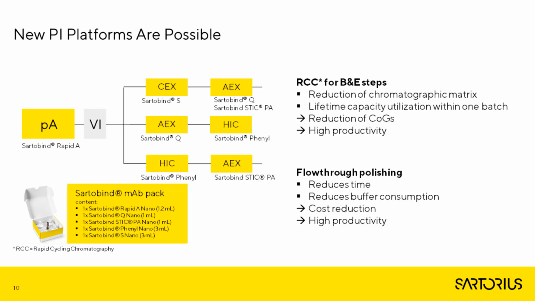Since we are now also offering a membrane chromatography consumable for the capture step with immobilized protein A, this enables new purification platforms, so resin-free chromatography based only on membrane chromatography.